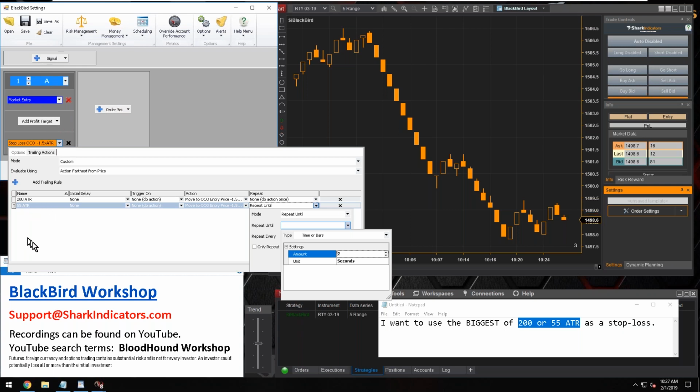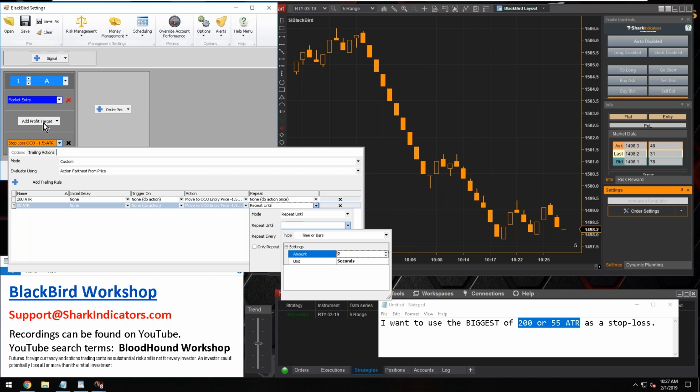If you have some other stop loss rules in here that are also being evaluated by BlackBird, or a profit target, you might have some kind of adjusting profit target going on. There might be some money management rules that also need to be evaluated, things like that, right? There's a whole bunch of other stuff that might be evaluated.